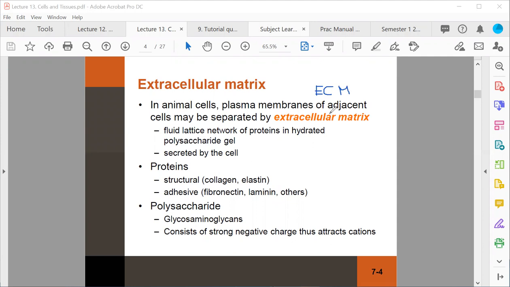The ECM is a fluid network of proteins found in a hydrated polysaccharide gel, and it's secreted by certain cell types.